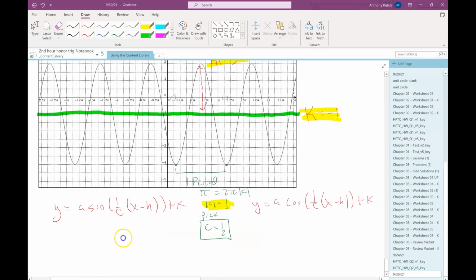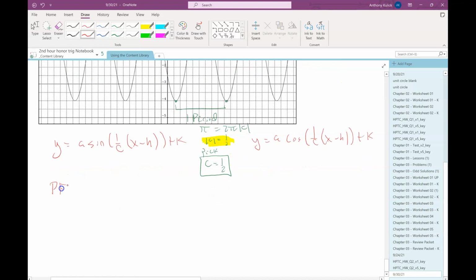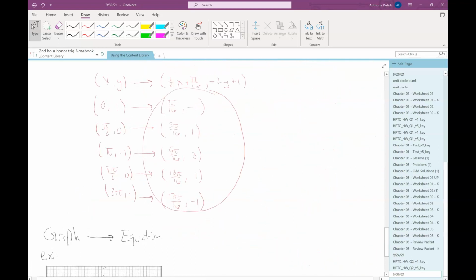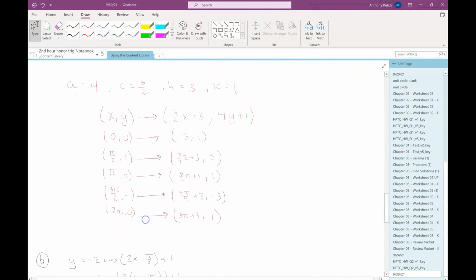On the parent function, we go from a min to a midline point to a max.